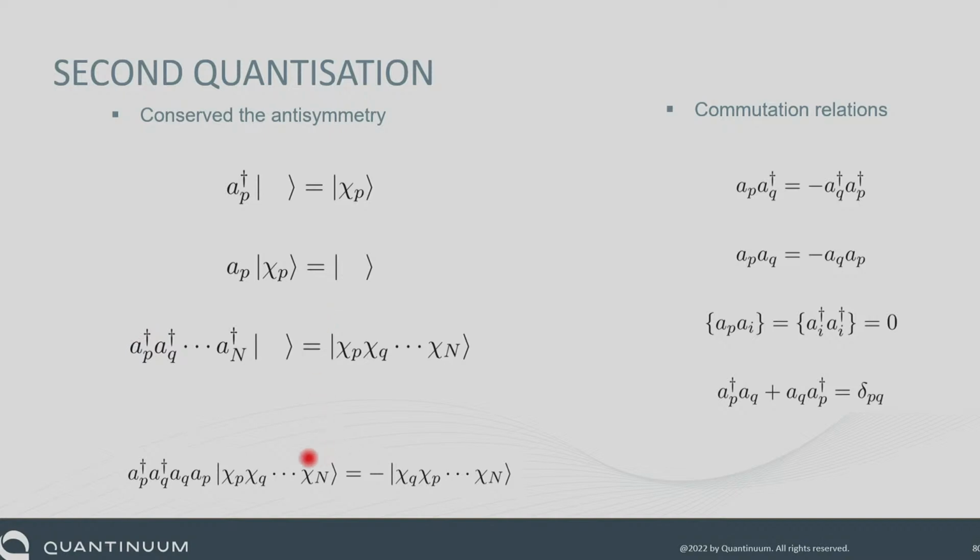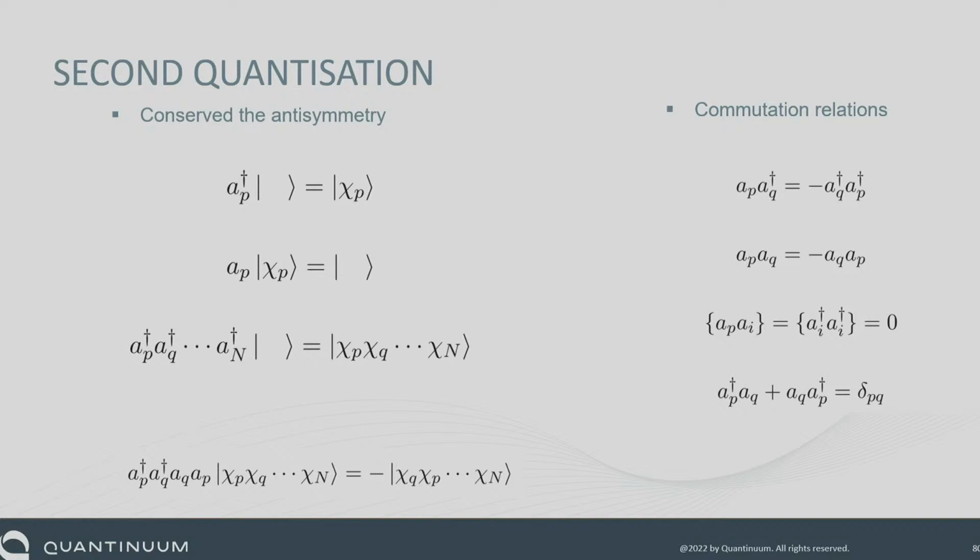And then you can see this is the really important one here. If you apply them in this order, PQ, and exchange PQ via the fermionic operators, rather than exchanging the rows of the determinant, you still get the same properties.